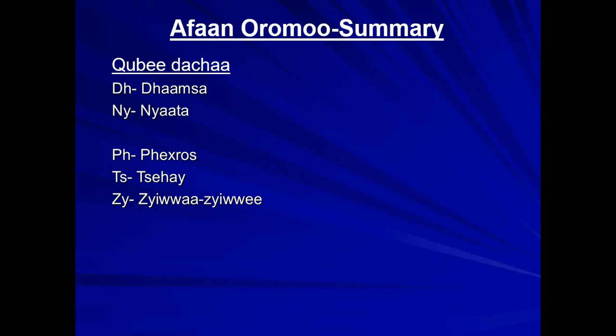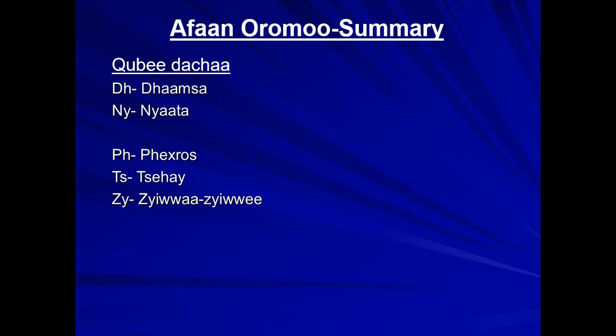This sound is typical of the Oromo language, and you need to practice. Dha, da, da. That's not da, but it's dha. So da and the ha sound combine to create the sound dha. It is not da, it is dha.